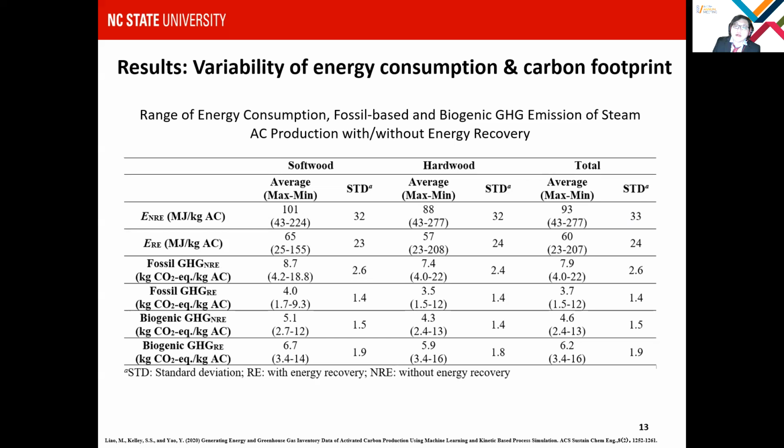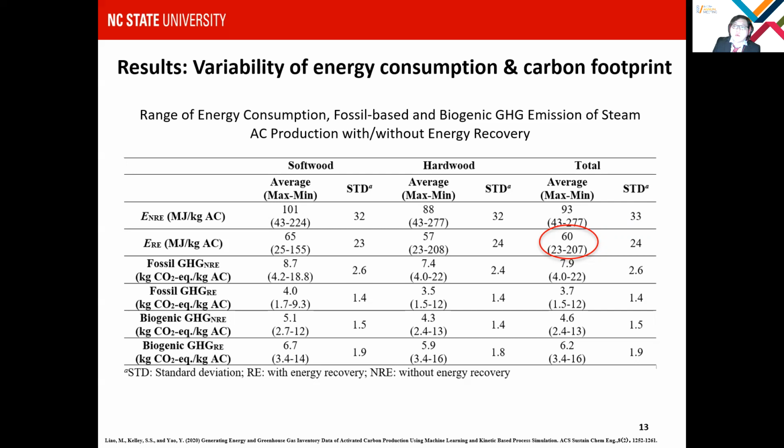Also, we can see a large variation of these results. For example, the smallest value of the energy consumption of steam-activated carbon production with energy recovery is around 23 megajoule per kilogram of activated carbon, while the largest value is 207, 9 times the smallest value. This finding shows the importance of the biomass properties to the steam-activated carbon production.